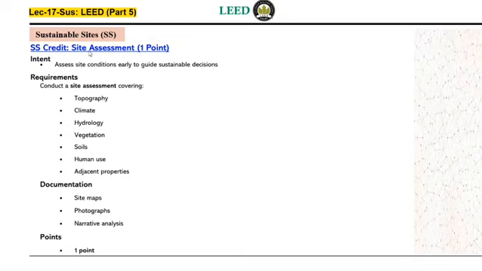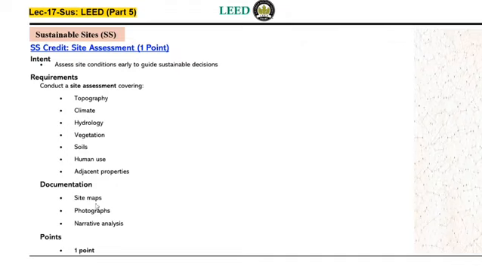Now we have credits. The first credit is Site Assessment, which has 1 point. The intent is to assess site conditions early to guide sustainable decisions. Requirements are to conduct a site assessment covering topography, climate, hydrology, vegetation, soils, human use, and adjacent properties.